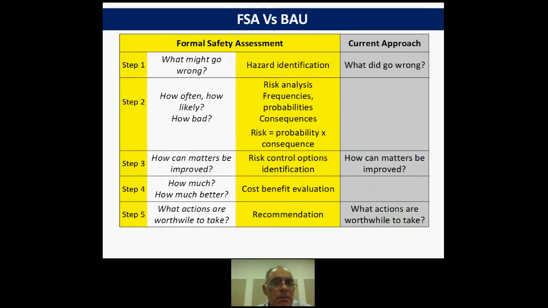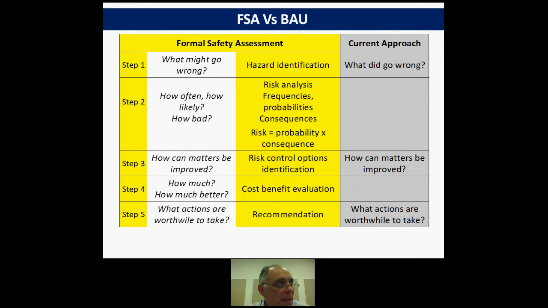Okay, this is something which is known to people who are involved in FSA, in the formal safety approach, but it's important to reiterate concepts. Where we say current approach, it is not really the current approach as such, it's mostly the conventional approach. It's a reactive approach.